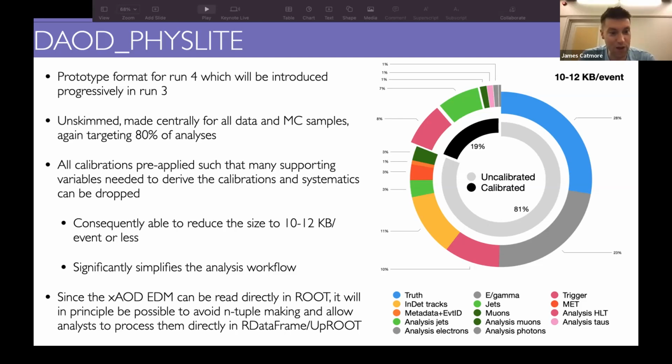In addition, although we're using the xAOD EDM, because this can be read directly in ROOT, it should in principle be possible to avoid n-tuple making and allow analysts to process this format directly in RDataFrame or uproot. The pie chart again gives the breakdown of the contents, and I will just highlight that you can see here the breakdown between calibrated and uncalibrated variables in the inner pie chart.